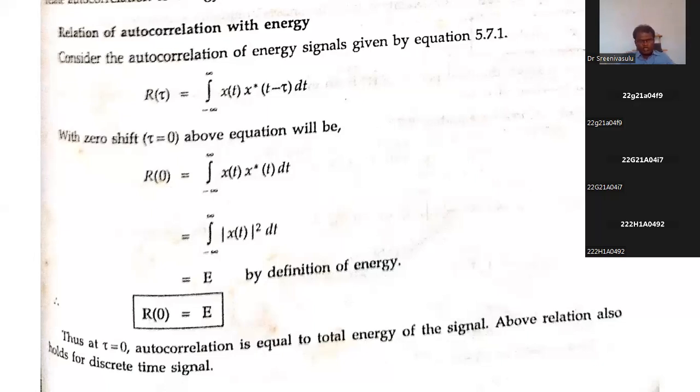So we know what the energy of the signal is. How can you find the energy of the signal? Energy of the signal is the integral from minus infinity to infinity of magnitude of x of t whole square dt. So the energy can also be calculated from autocorrelation. We can write the autocorrelation formula simply as R of tau, integral from minus infinity to infinity. One signal, x of t, is fixed. Another one we operate on, whether it is delayed or advanced; that is our choice.